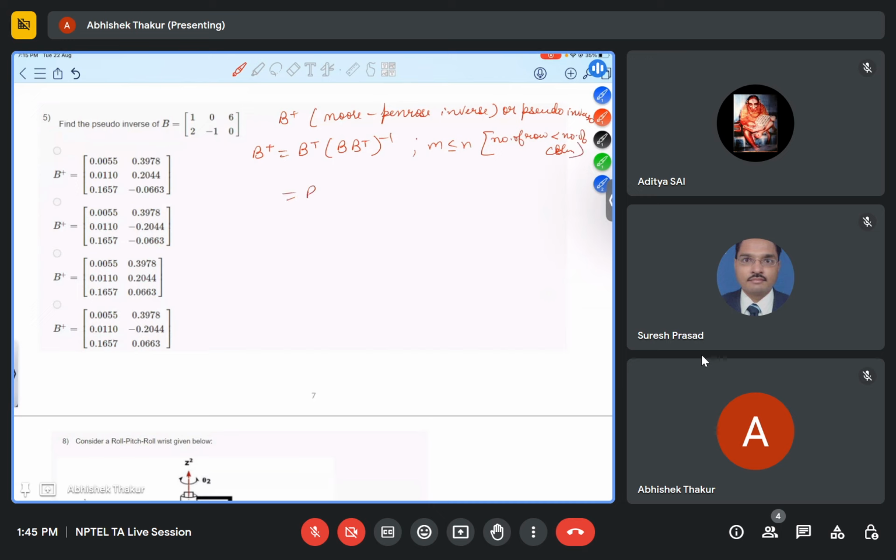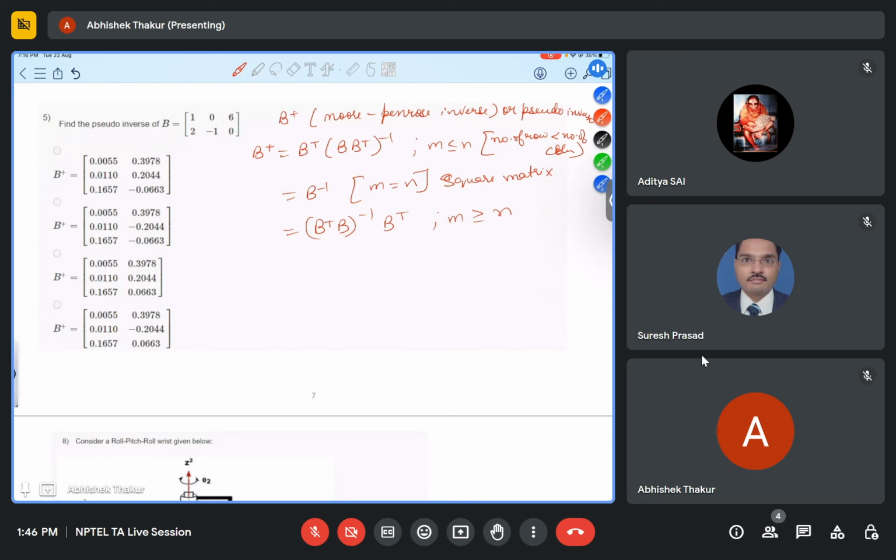This is equal to B inverse when M is equal to N. In this case it is a square matrix, so we can directly find B inverse when the determinant is not 0. The third one is (B transpose B) inverse times B transpose. This is applicable when the number of rows is greater than the number of columns.